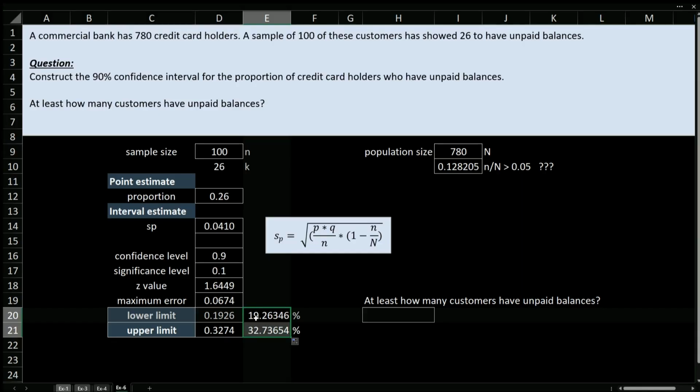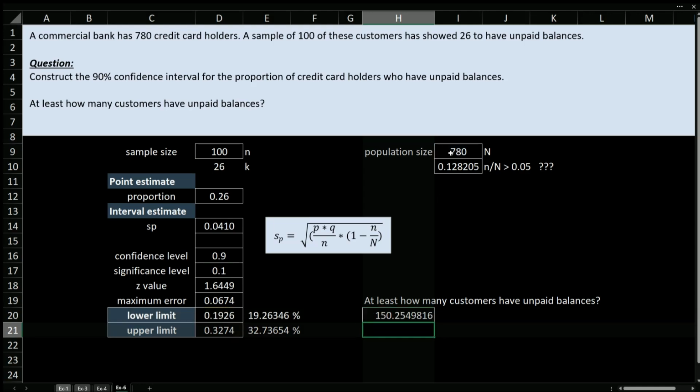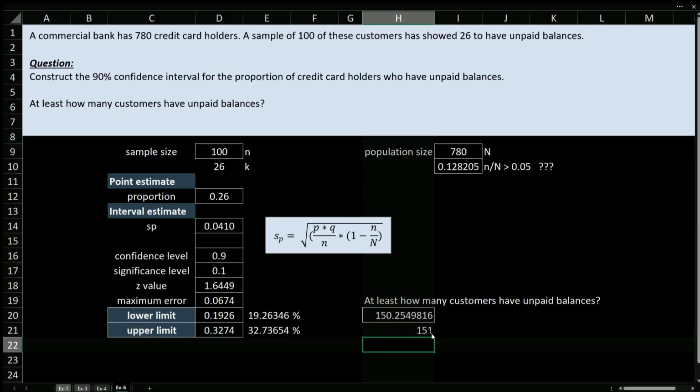Now I need to multiply this lower limit by the population size to give the number of people. So here we have N, the population size. We know that at least this many, 19.26% of the population, multiplied by this percentage, or it's better to multiply by this one, which is already in the percentage. So out of 780, 151 customers have unpaid balances.